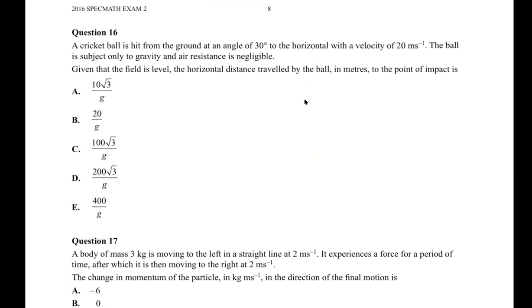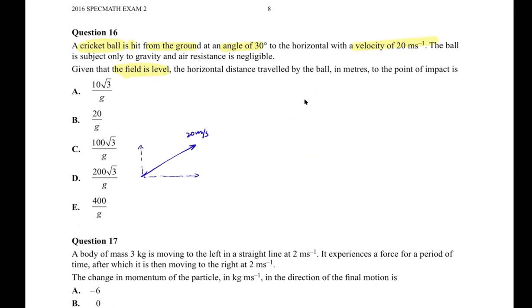Question 16. Okay. Given that the field is level, a cricket ball is hit from the ground at an angle of 30 degrees to the horizontal with a velocity of 20 meters per second, typically a projectile motion question. So your initial speed is 20 meters per second. To write it in component form for the velocity vector, you need to think of resolving them, okay?